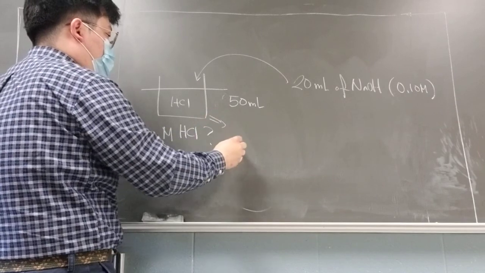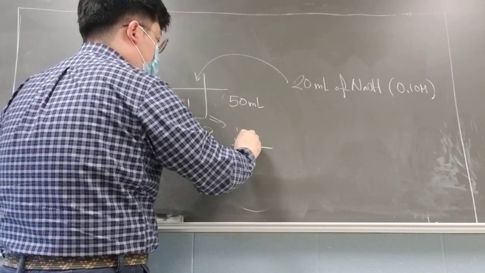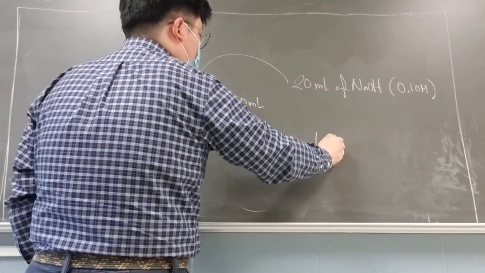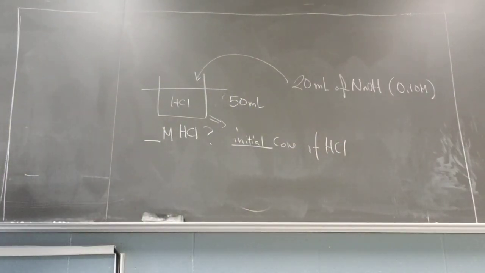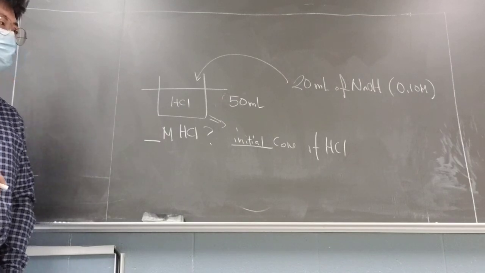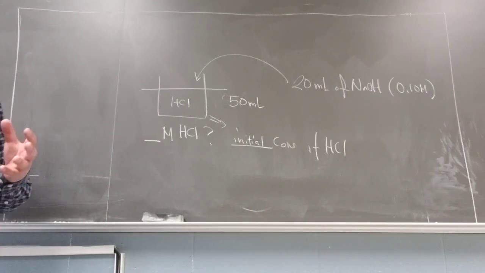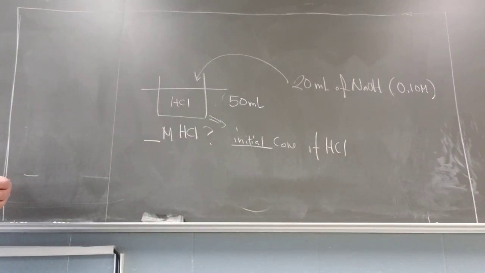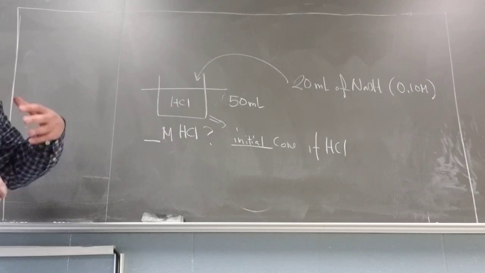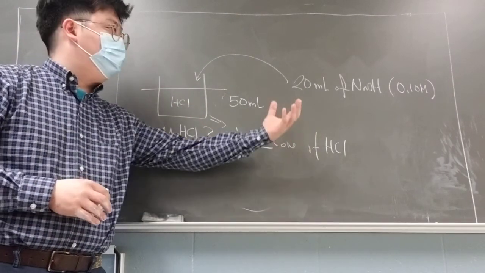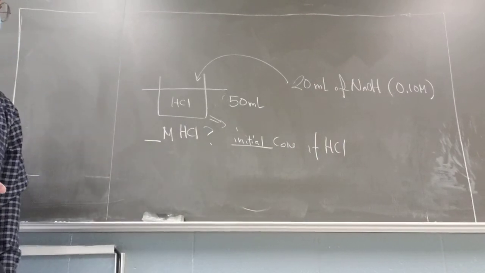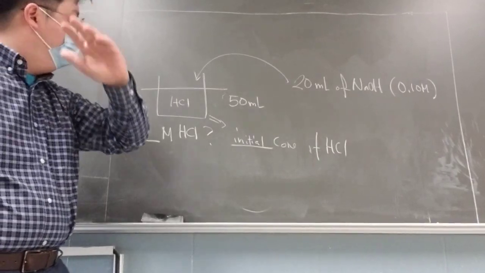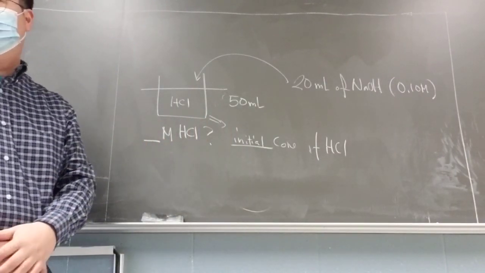What might be the initial concentration of HCl? Maybe 2 or 3 minutes, and we can do this together. So you have some unknown concentration of 50 mils of HCl. So you're titrating with your counter ion, which is the sodium hydroxide, especially hydroxide with the hydrogen. Then what might be the concentration here?